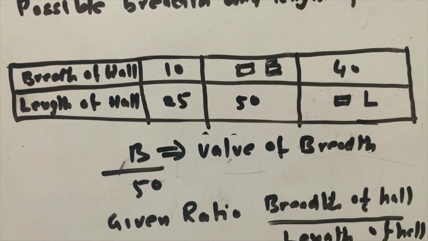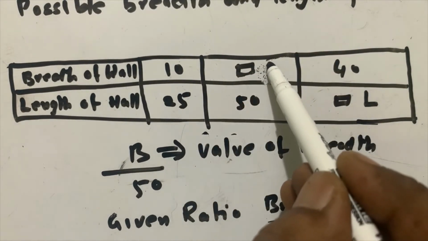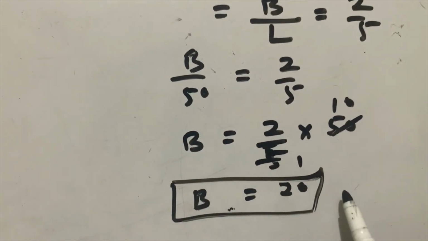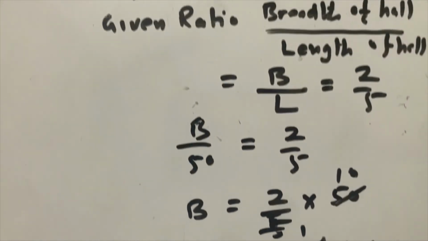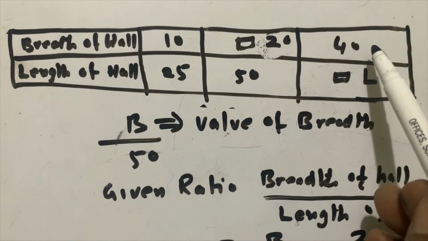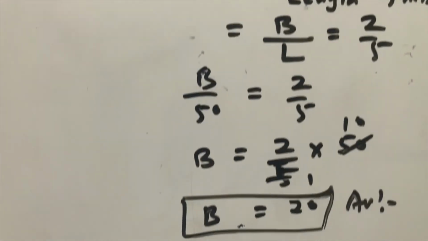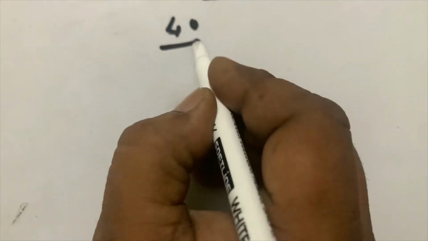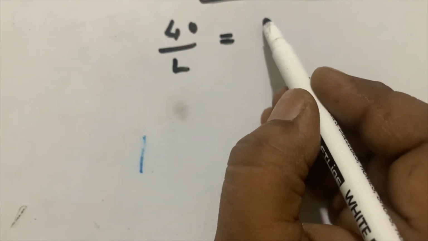Hence this value is 20. We have calculated by this method. Now next is given: 40 upon length, and the ratio is already given 2:5.